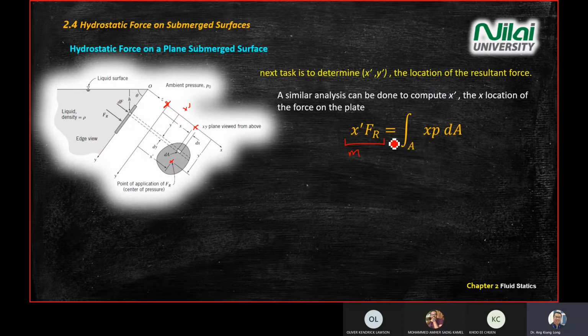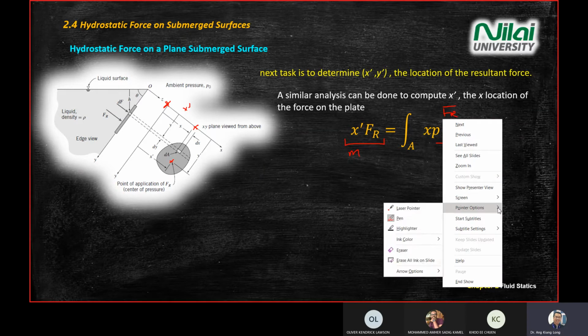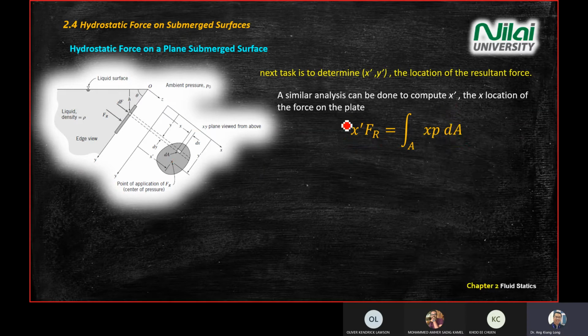So we just expand this equation. We know that integration of pressure and area gives you your Fr. Fr times the x, you get the moment also. So again, this is a fundamental equation that we will use to derive our x prime.